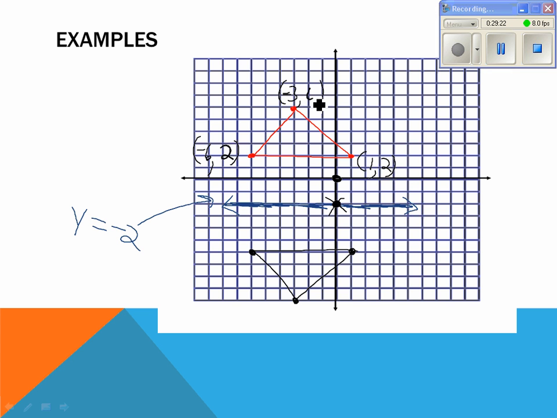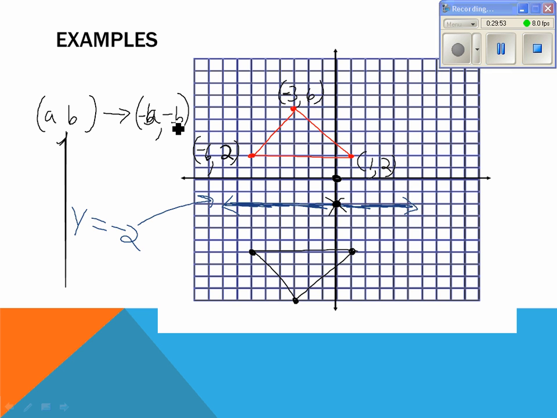Now, what do you do with those to go over the origin? What was the rule? Negative a, negative b.